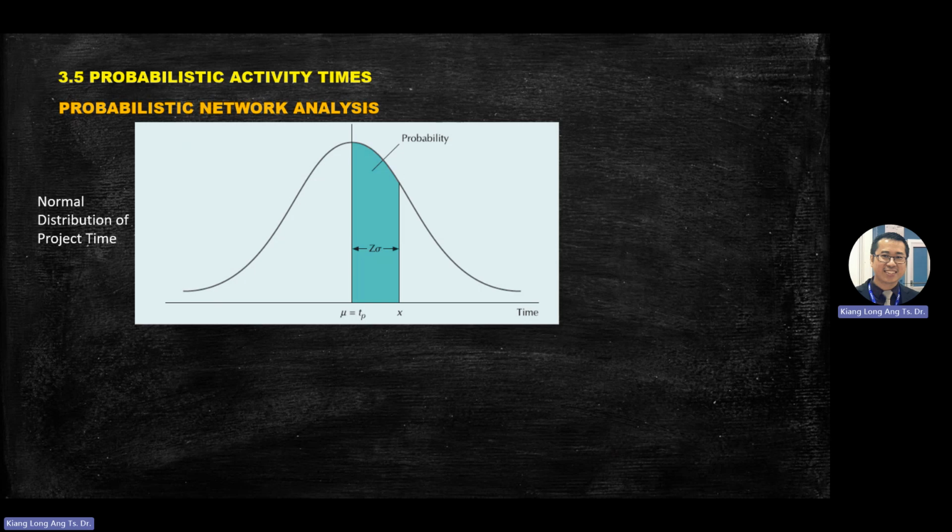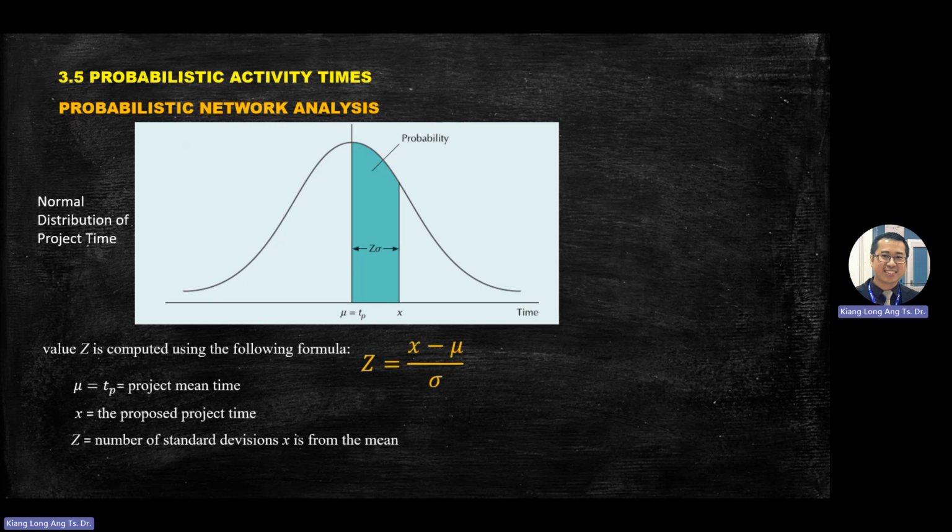Okay, a quick one. You memorize the equation: Z value equals x minus mu divided by standard deviation.